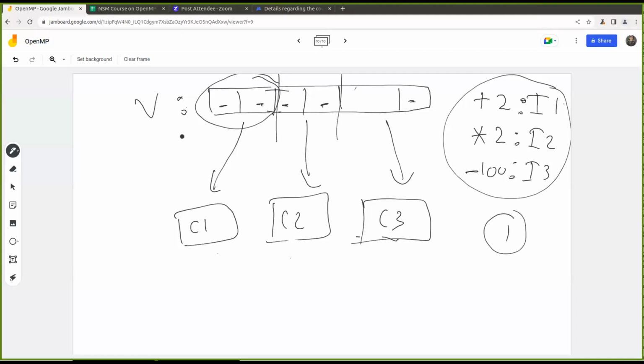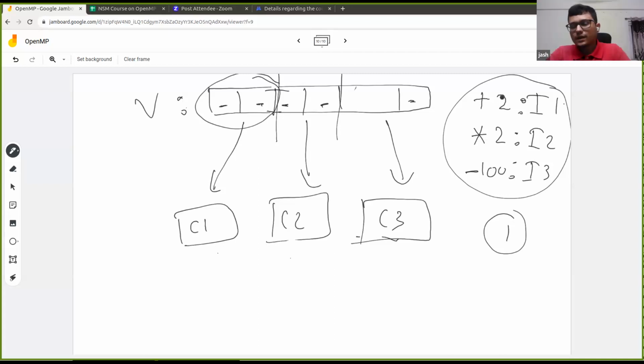Sir, when you are dividing the vector into different cores, are all the three instructions performed by one core on the divided data? Yeah, so all the instructions are performed on this chunk of data.